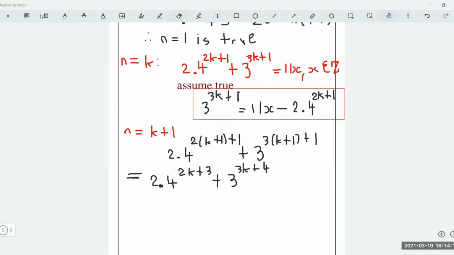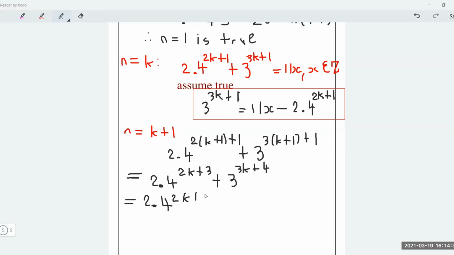So to get rid of it, this is what I'm going to do. Firstly, I'm going to break up 4 to the 2k plus 3 as 2 times 4 to the 2k plus 1, since I had something with 2k plus 1. Using laws of indices, it's 4 to the 2k plus 1 times 4 squared. When the bases are the same, we add the powers.